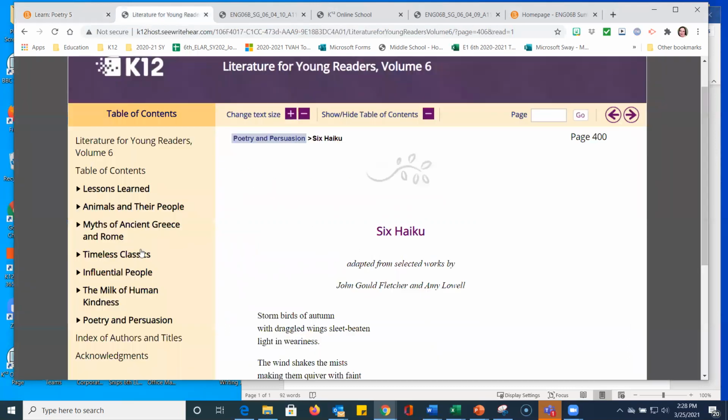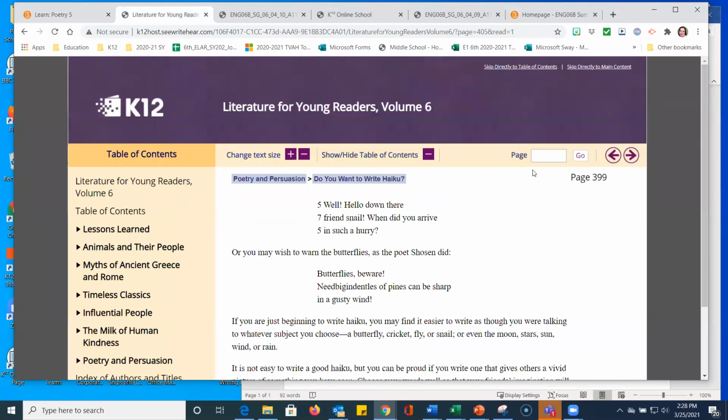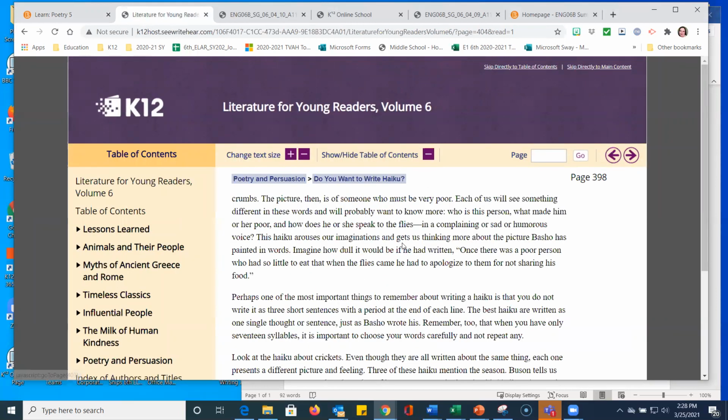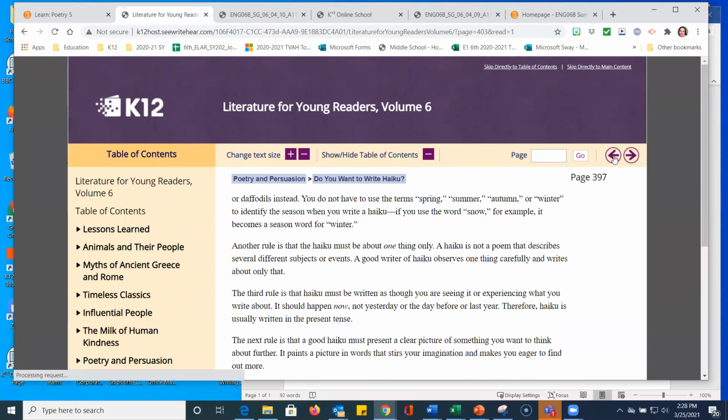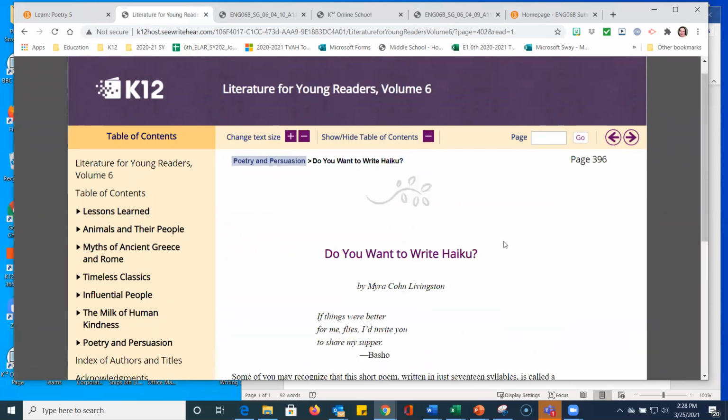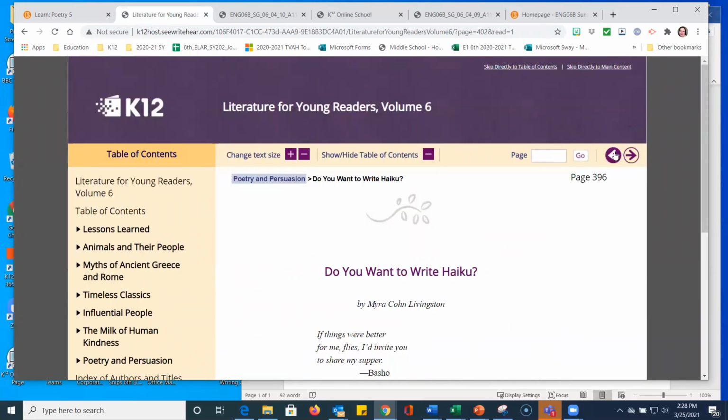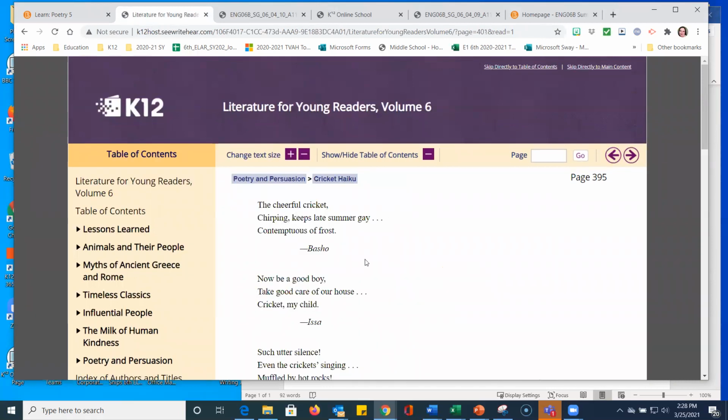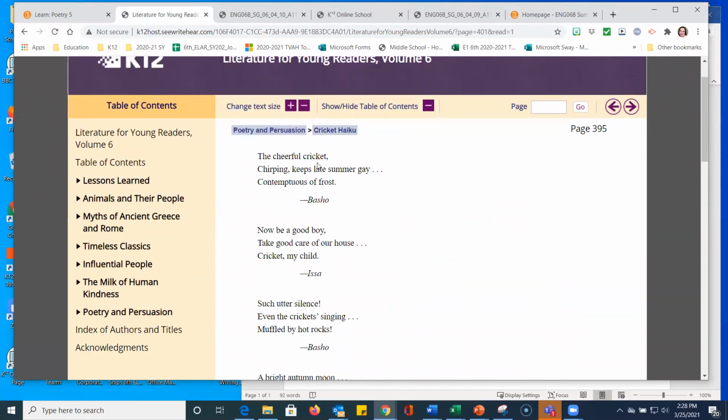And if you want to look back at them, you can always go back and look at Basho's and Issa's examples of cricket. See, cheerful cricket, and then Issa is a child. This is more serious, and this has more of a lighthearted tone. Okay.